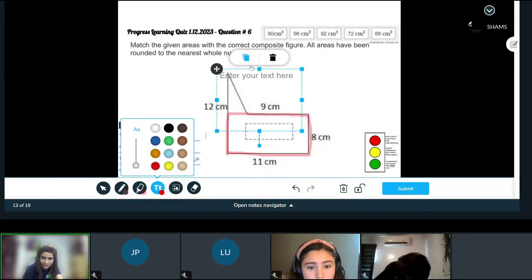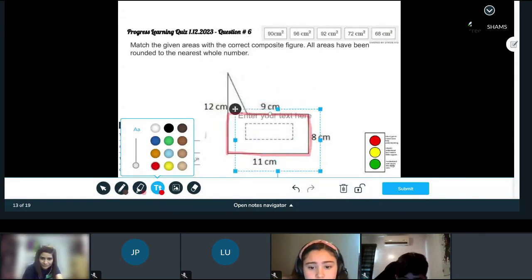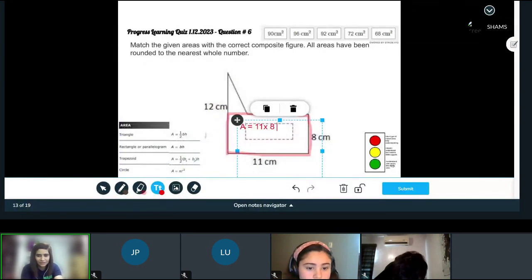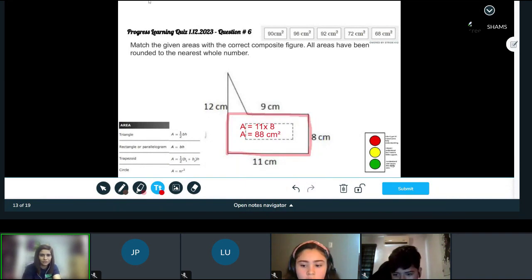And you put it here. A equals base is 11, height is 8, and when you multiply, you get 88. The rectangular part's area is supposed to be 88.